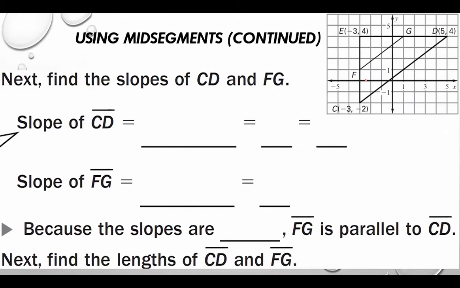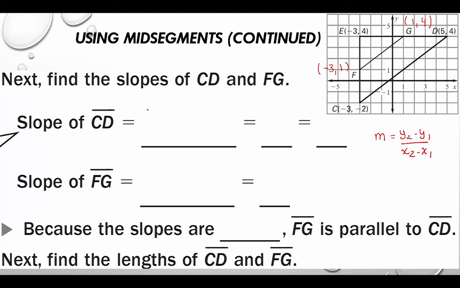Now that we found our midpoints, let's go ahead and find the slopes of CD and FG. I'm going to rewrite my points over here. So this was at -3 and 1, and this was at 1 and 4. Remember your slope formula, that's a lowercase m, is y2 minus y1 over x2 minus x1.